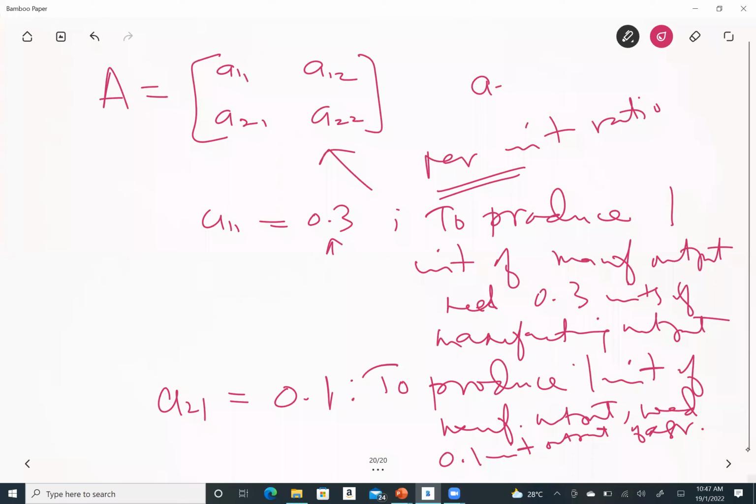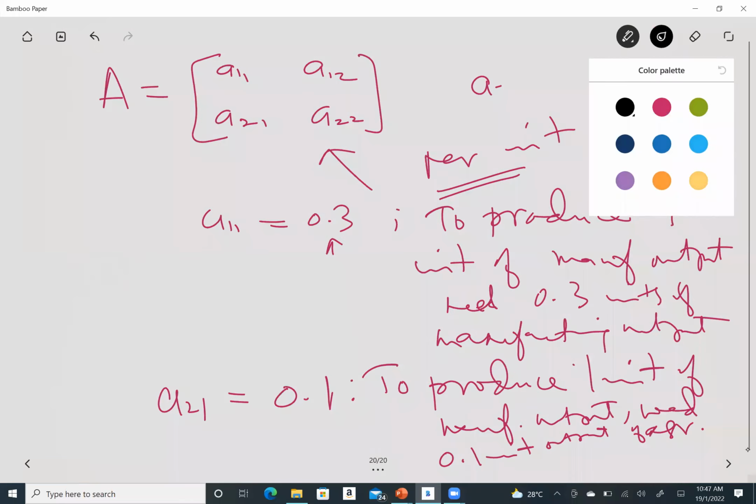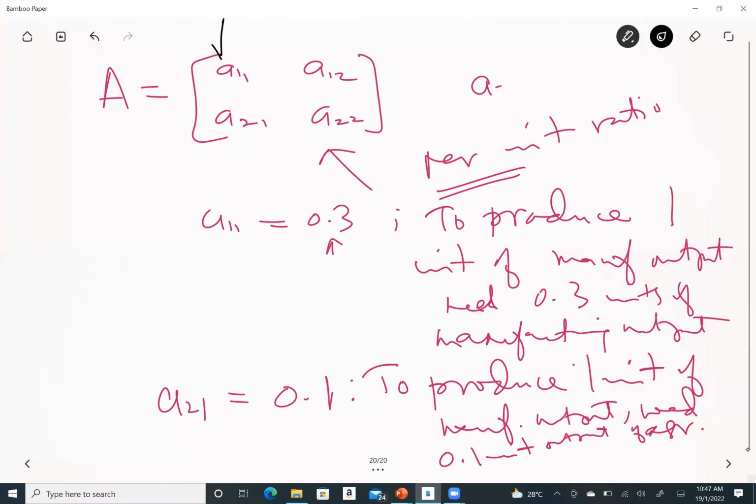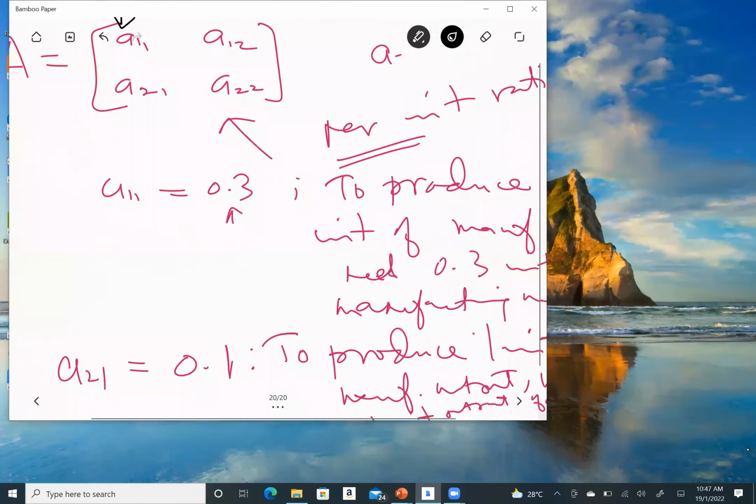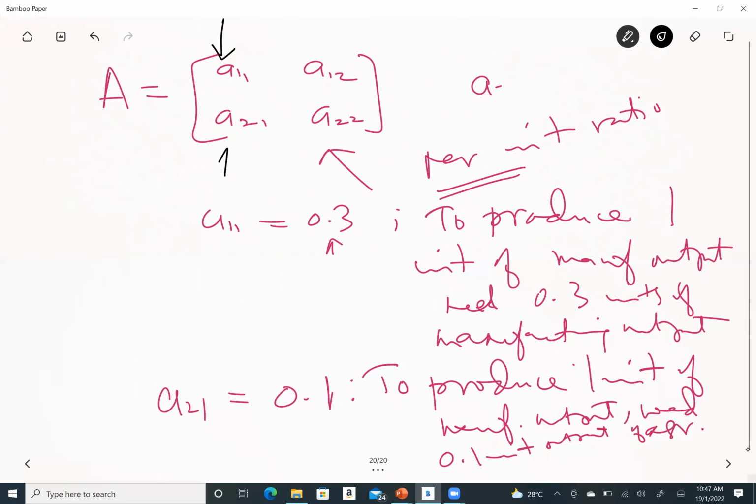The column here, how we read it, is per unit input requirement. We know the column is the manufacturing here, and here is agriculture.